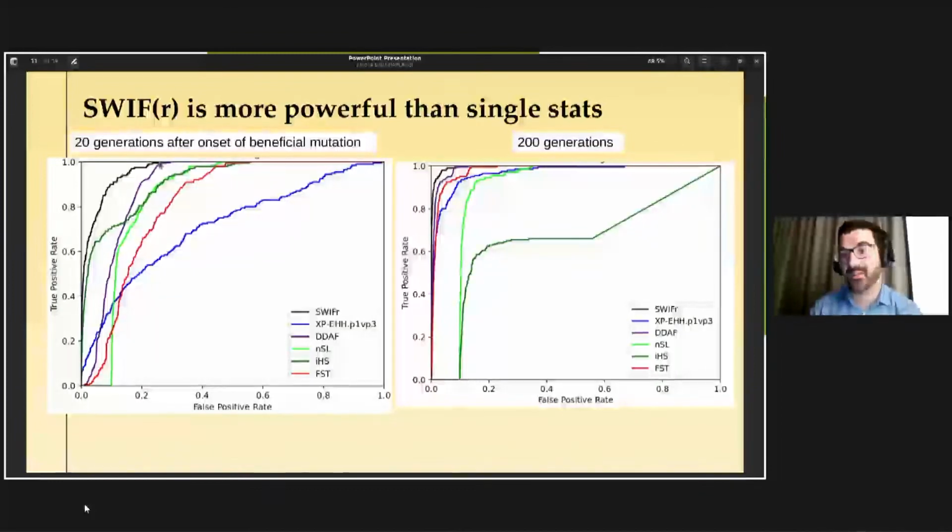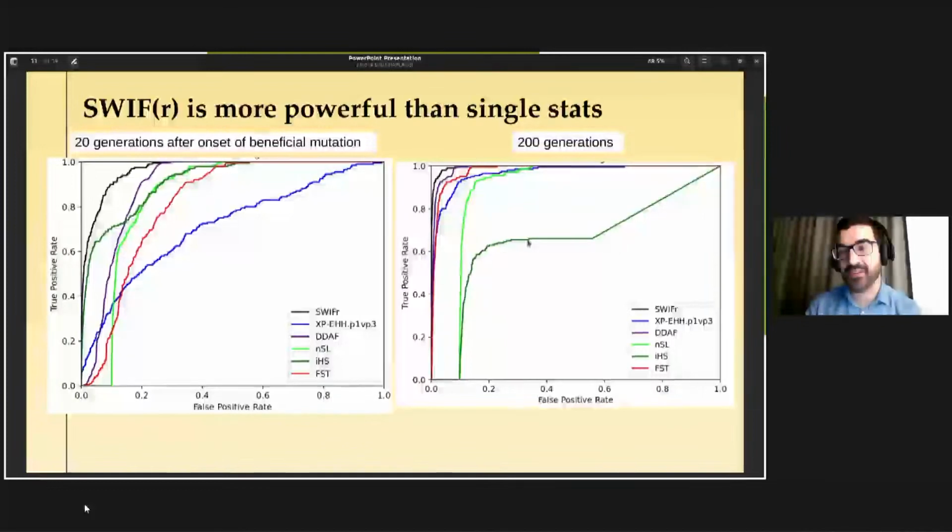to detect those mutations. And something that is particularly useful to see is that, for example, nSL and iHS don't perform well when the alleles under selection are almost reaching fixation.